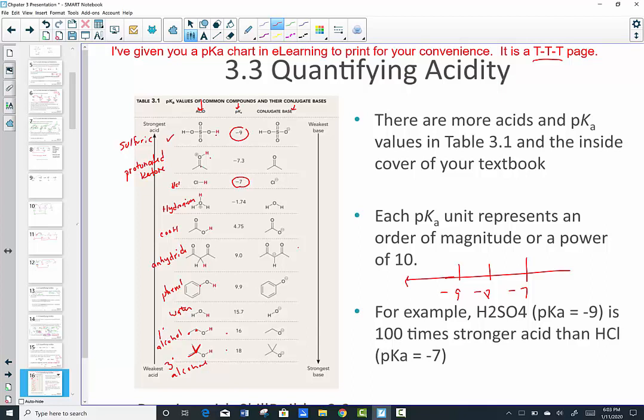Going one more is, again, times 10. So from -7 to -9, that's 2 zeros. Sulfuric acid is 100 times stronger in terms of its acidity as compared to HCl. Now, both are very strong, but we can see just the slightest change in number gives us an incredibly different strength of the acid.